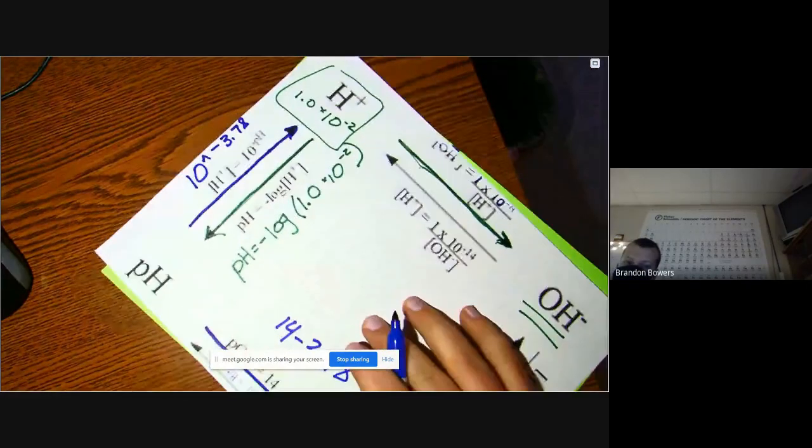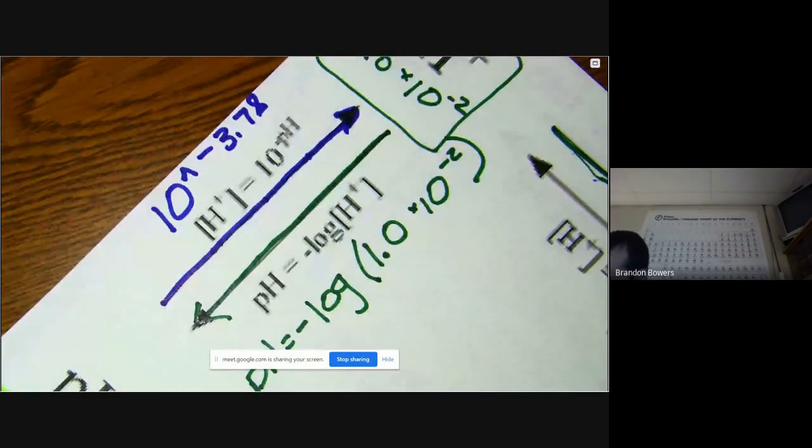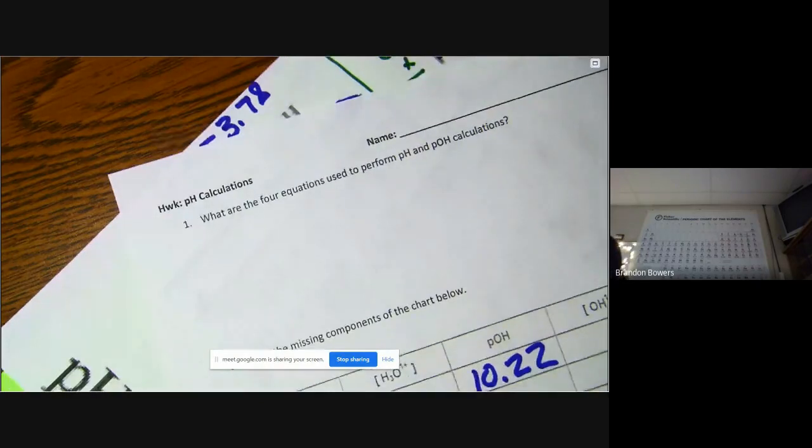What is 10 to the negative 3.78? 0.00016595. All right, so let's just do two significant figures. So 1, 2, 3 zeros, and we'll go 17.